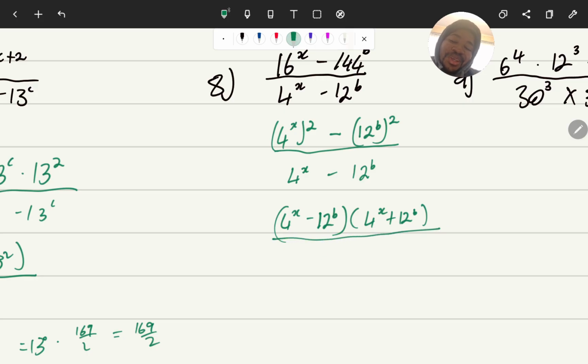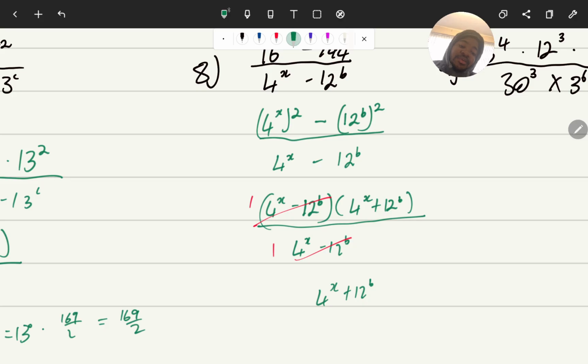I don't know, maybe the power to power one. 4 to the x minus 12b, right? Because then this divides this one, and then you're left with 4 to the x plus 12b, right?